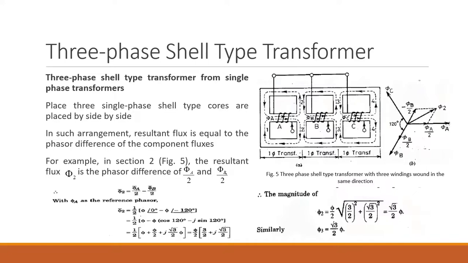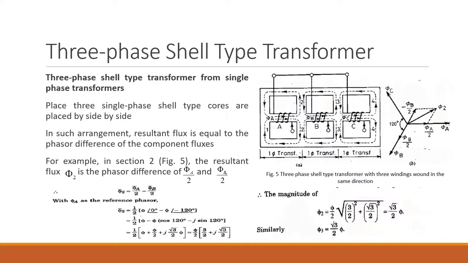Depending upon that, the flux direction can be indicated. You can notice here that all three windings are wound in one direction. This is one observation for this particular figure.